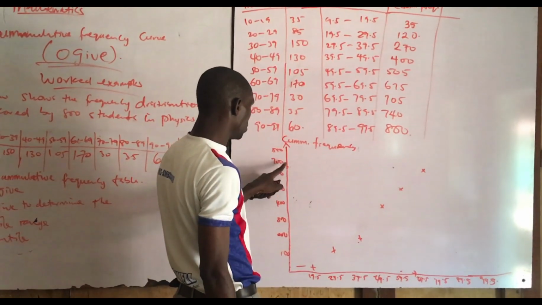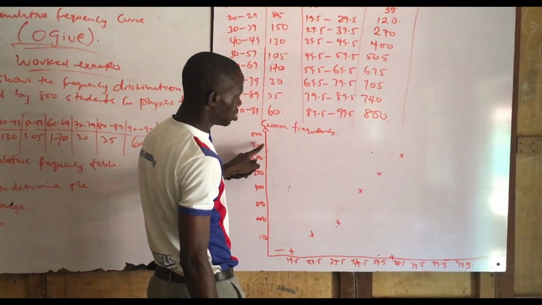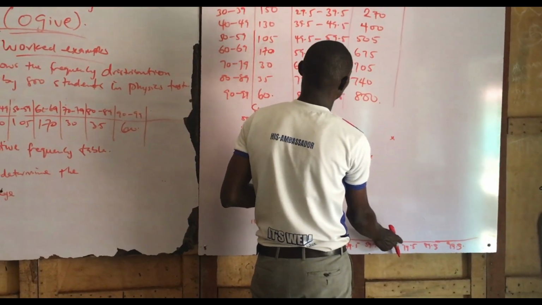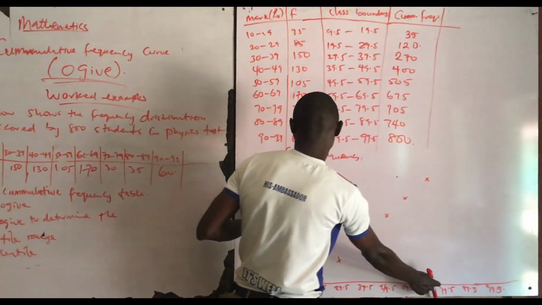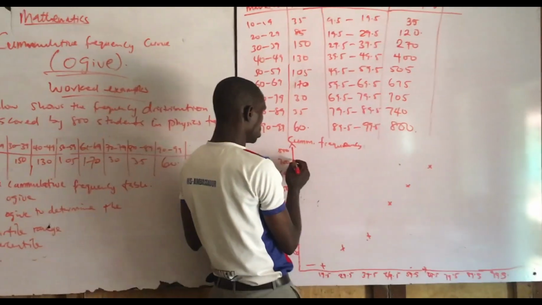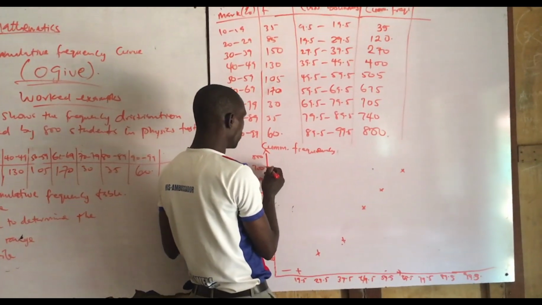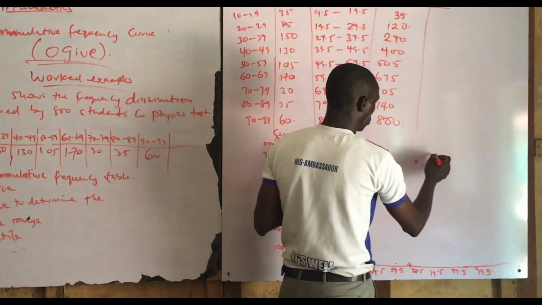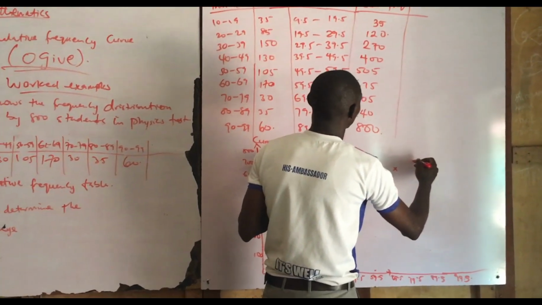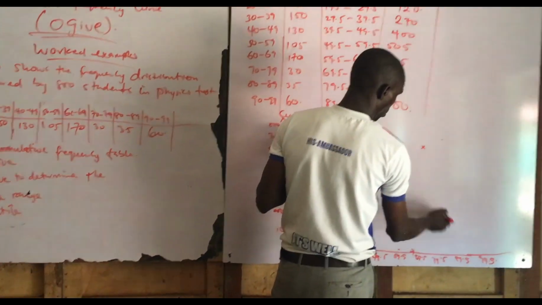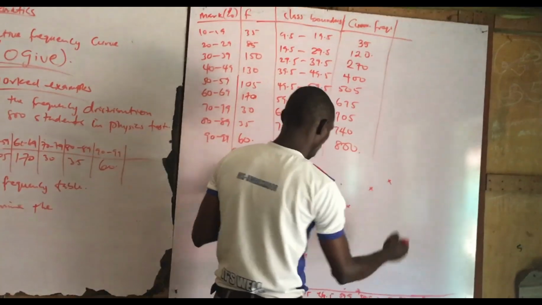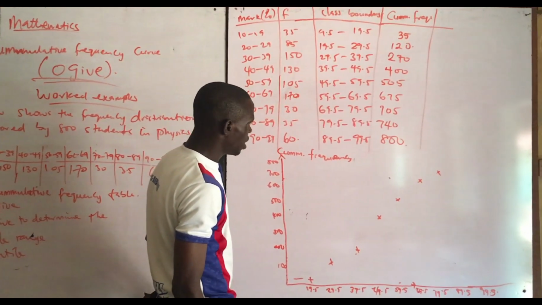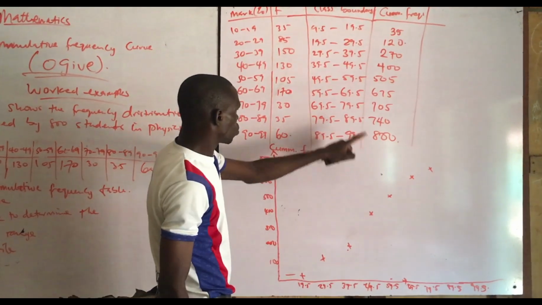Then after that you have 79.5 to 705. This is 705, slightly above 700. Then you bring it up to 79.5. Start it.